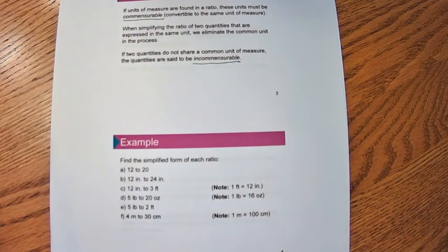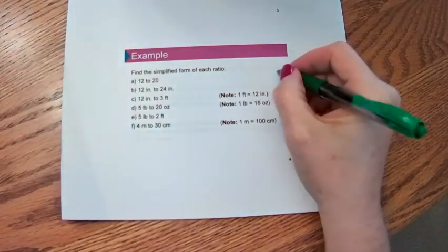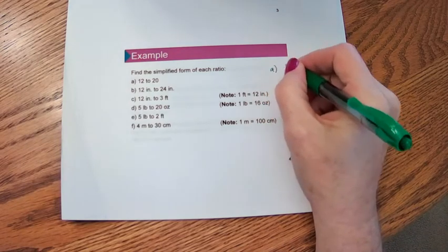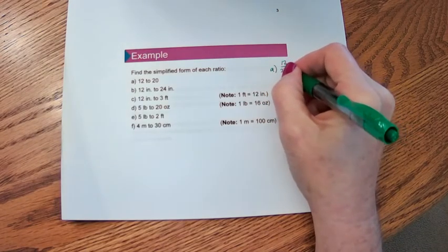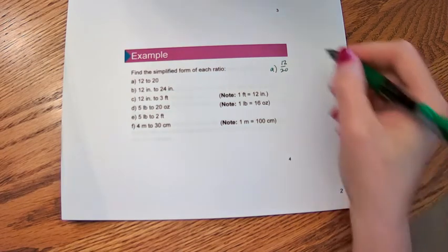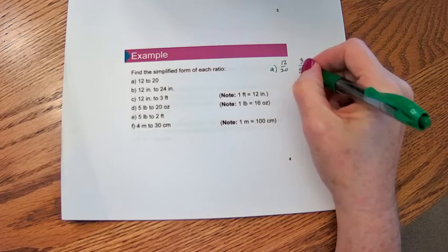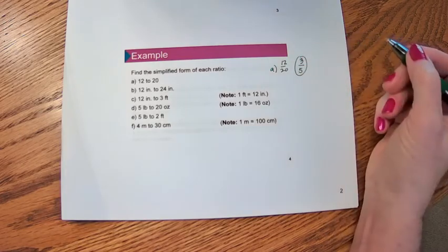So let's practice here. They want us to find the simplified form of each ratio. So A, that's going to be 12 to 20. And if I want to reduce that, let's divide both the numerator and denominator by 4. That would be 3 to 5.